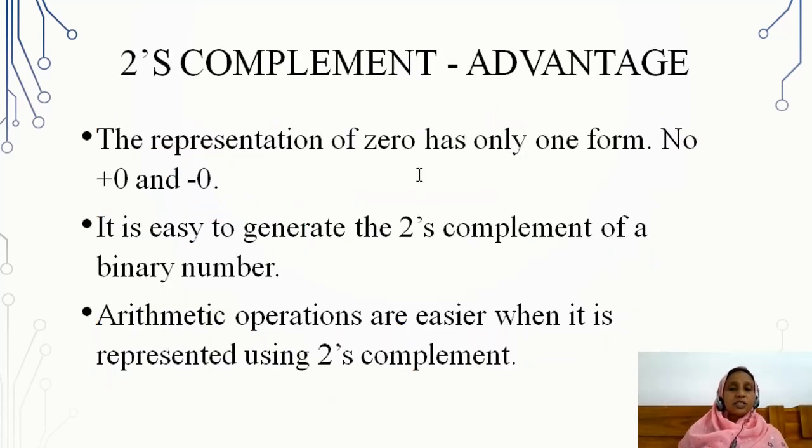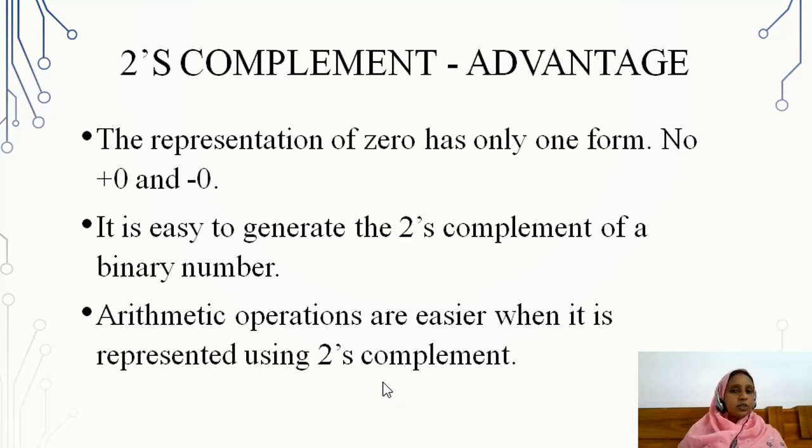What are the advantages of 2's complement? Here we have only one representation for 0. No positive 0 and negative 0, only one type of representation. Similarly, it is easy to generate the 2's complement of a binary number. So, arithmetic operations can be performed easily using the 2's complement format.